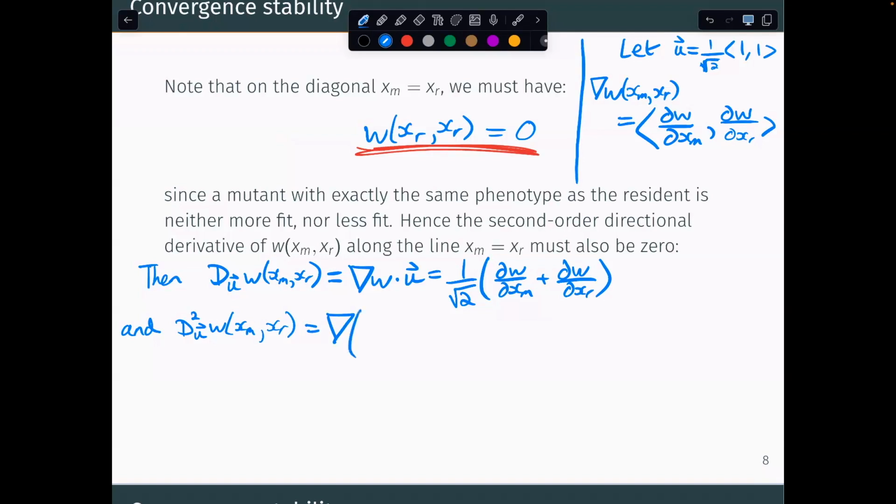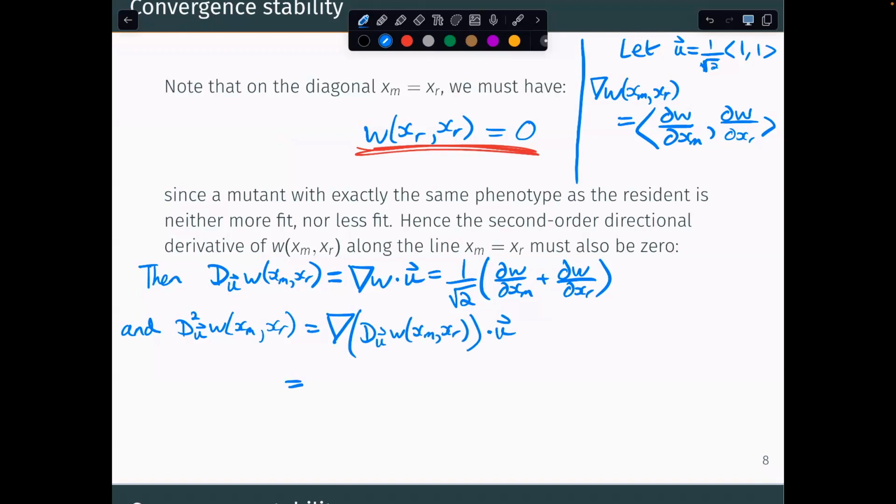So we have the gradient of this directional derivative dotted with u again. Okay, this will give us our second order directional derivative in the direction of u.